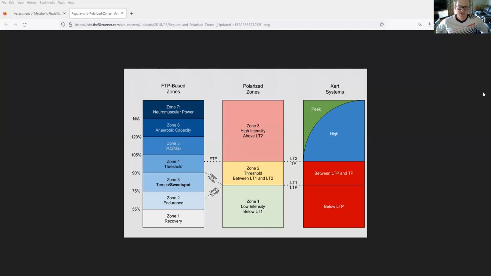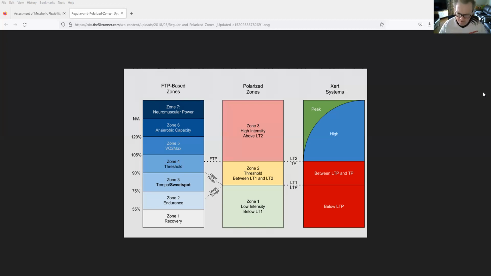It is demarcated by staying below lactate threshold 1. So just remember that for a minute, because we are going to come back to that in the future. Between there, we have zone 2, which, in a polarized model, would be called threshold. That is between lactate threshold 1 and lactate threshold 2. And above that, zone 3, high intensity, above lactate threshold 2.